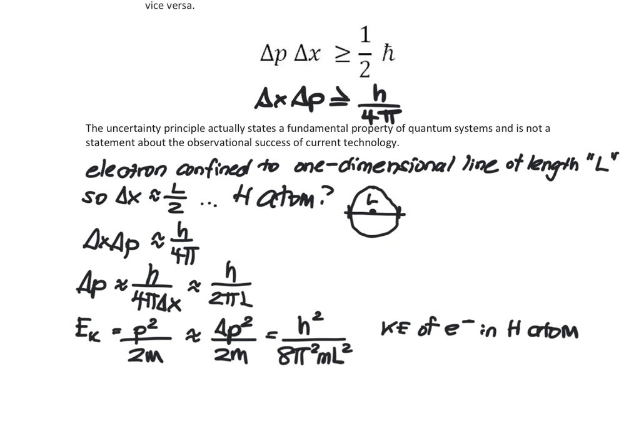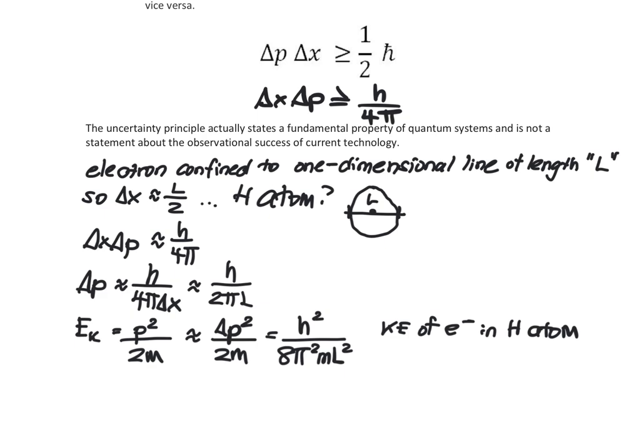So delta x would be L over 2, like the radius of the atom. If we say that delta x delta p is approximately h over 4 pi, then delta p is h over 4 pi delta x. And since delta x is about L over 2, delta p, the uncertainty in the momentum, is h over 2 pi L.